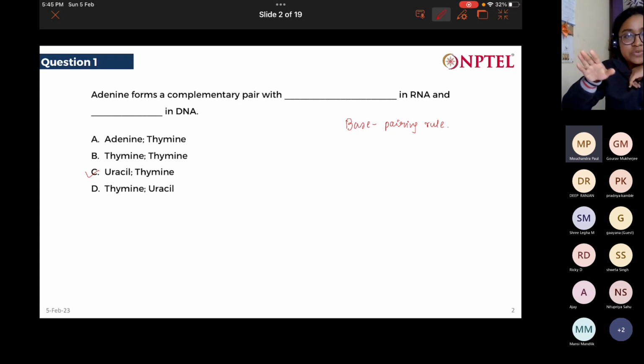A purine has to base pair with a pyrimidine. Purines here are adenine and guanine, and pyrimidines are thymine, uracil, and cytosine. So adenine has to pair with a pyrimidine. In this case, it is uracil for RNA. But for DNA, uracil is not there. It is thymine instead. So the answer is uracil and thymine. Option C is the answer.